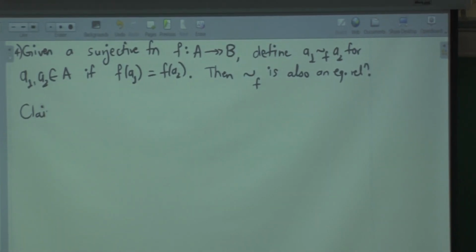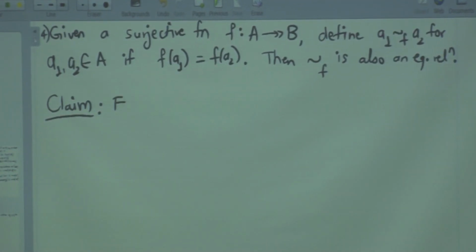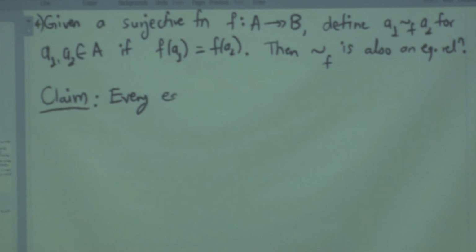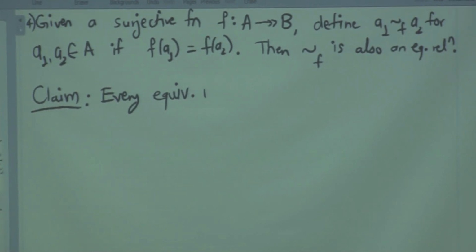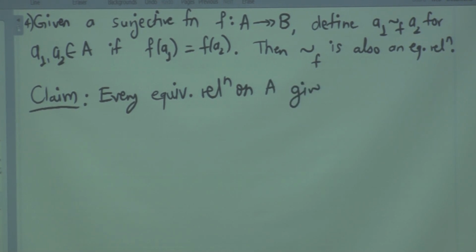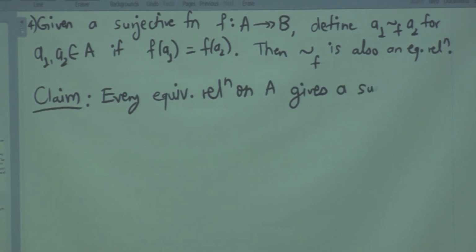In fact, every equivalence relation gives rise to a surjection. Okay, so this was the fourth example. I am going to claim every equivalence relation on A gives a surjective function.